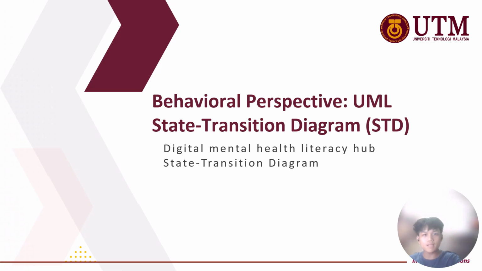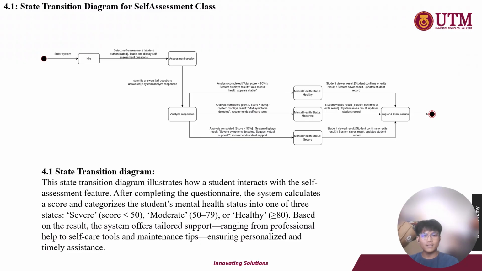Now, we will present the state transition diagram of the Digital Mental Health Literacy Hub, which represents the behavioral perspective of the requirements model. Now, I will explain the state transition diagram for the self-assessment feature. The process begins when a student completes the mental health questionnaire. Once submitted, the system calculates a score and categorizes the student into one of three mental health states.